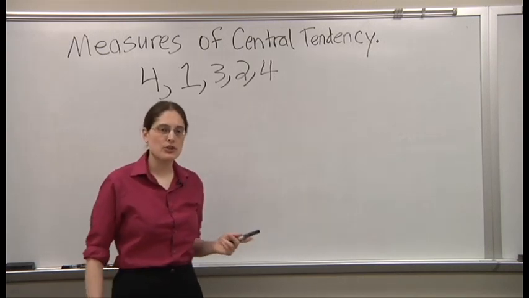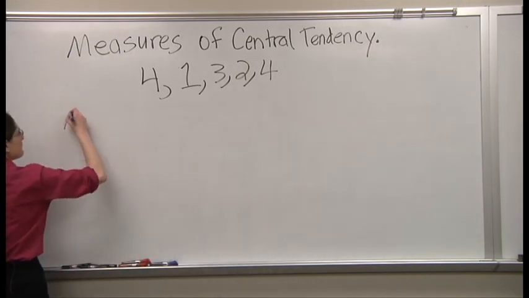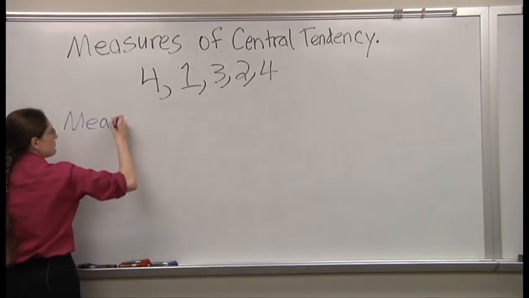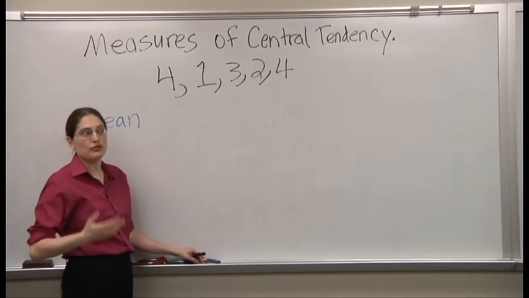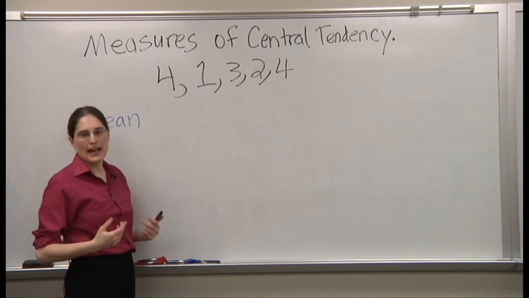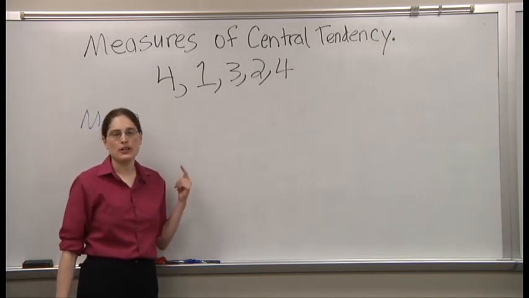So the first thing I'm going to do is find the mean. This is what people most commonly are referring to when they talk about the average. And you've probably done this before at some point in your life.